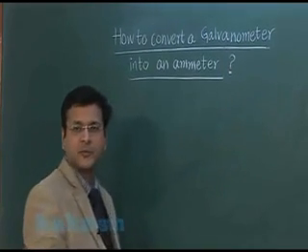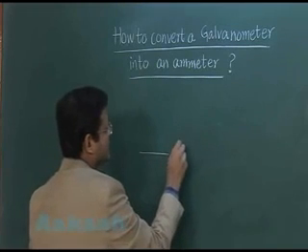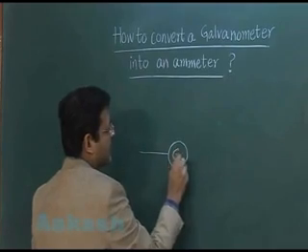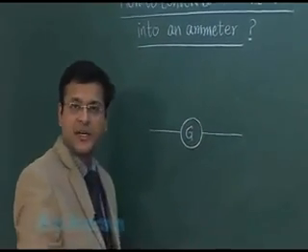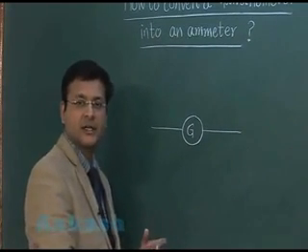If you remember, we said that a galvanometer has slightly larger resistance. A galvanometer is a device of, you can say, approximately 10 ohm. The resistance of a galvanometer is around 10 ohm.